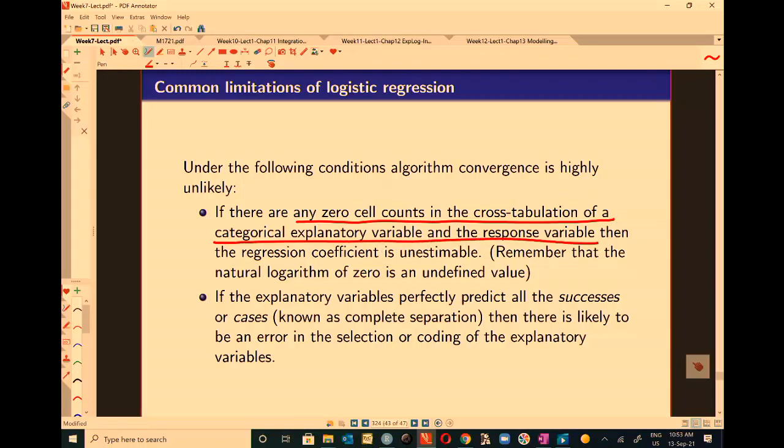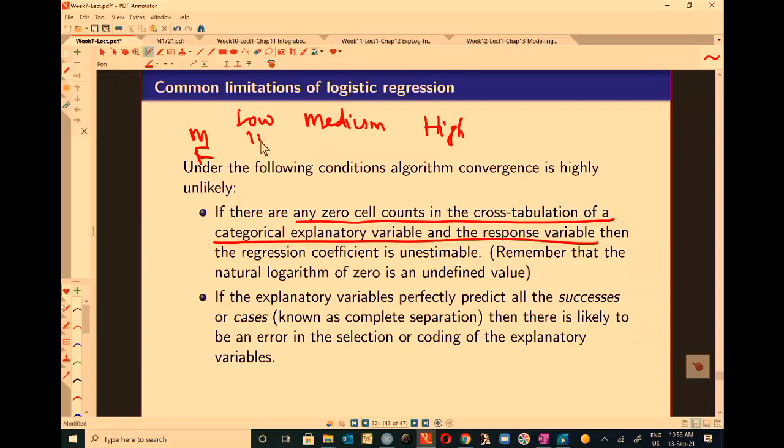For example, take income groups of low, medium, and high, against male and female.